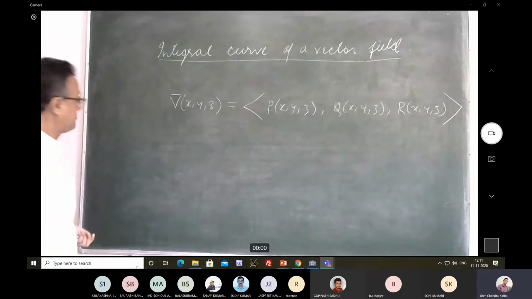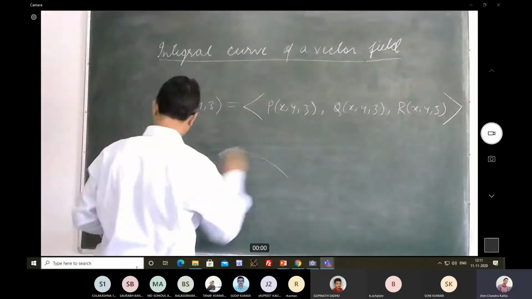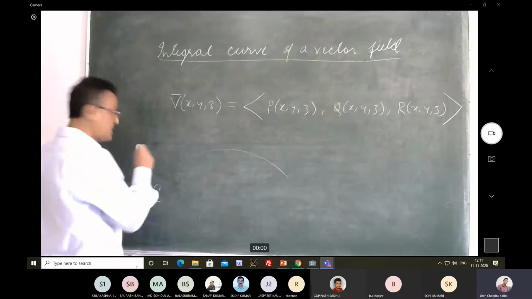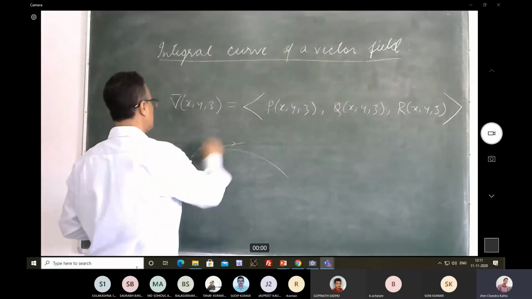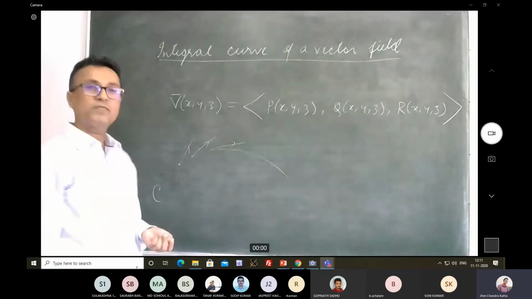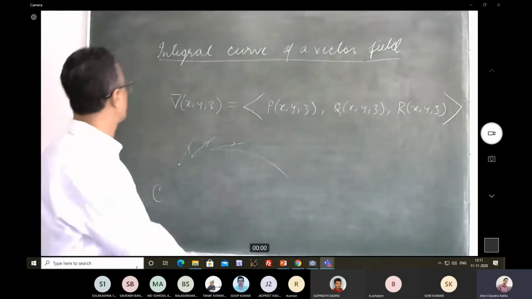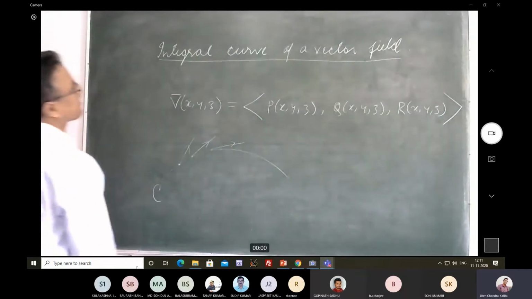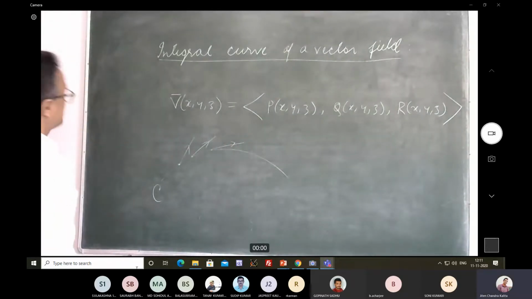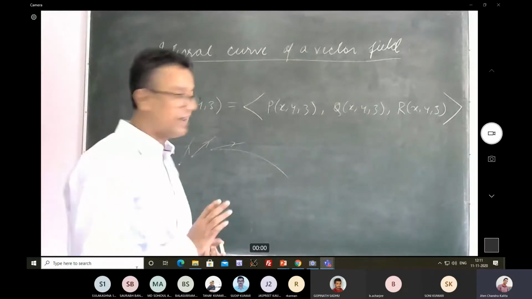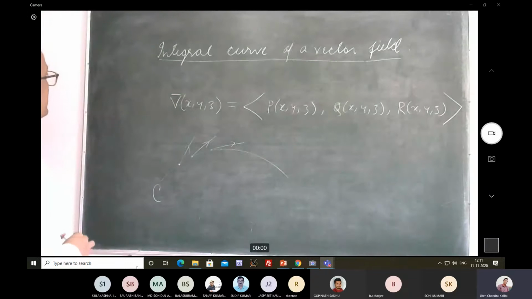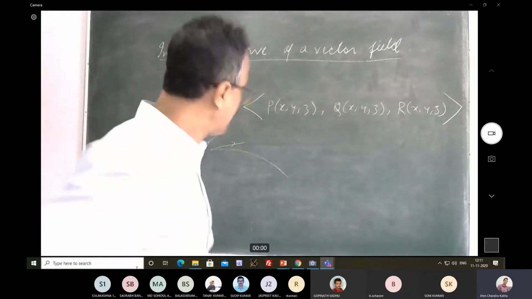Then if there is a curve C in such a way that at each point of the curve C this vector V is a tangent, then we say that C is an integral curve of the vector field V. Is it okay? Fine.